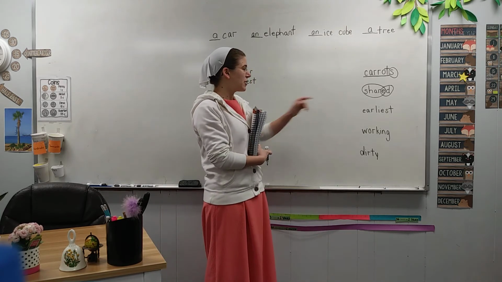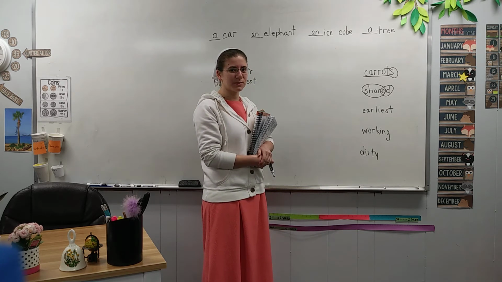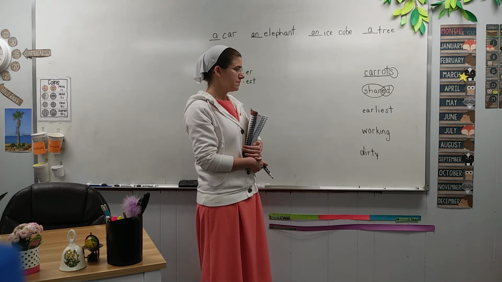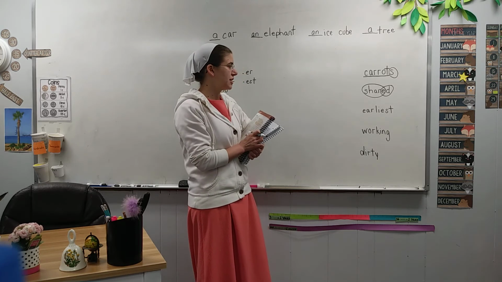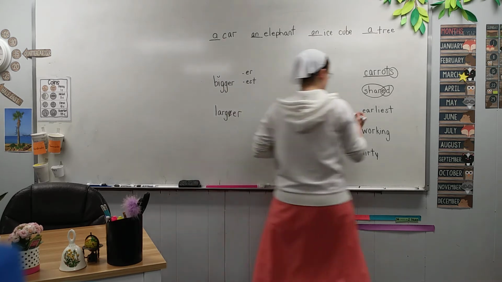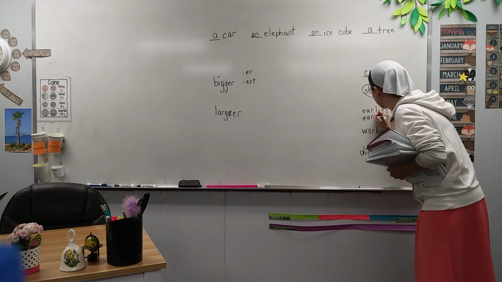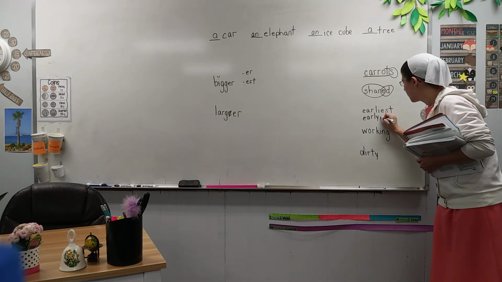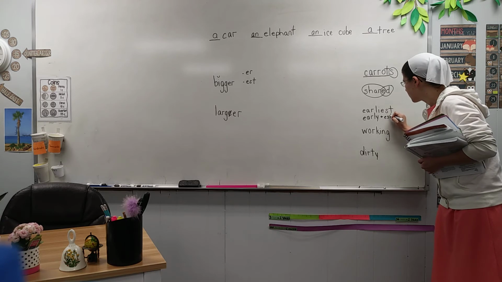All right, how about earliest? What is the root word and what is the suffix? This one, think carefully about. So they changed a letter in this word. We had to change a letter in order to add our suffix. Our root word, I'm going to write the root word underneath. Early is the root word plus, there's a little plus sign, E-S-T.